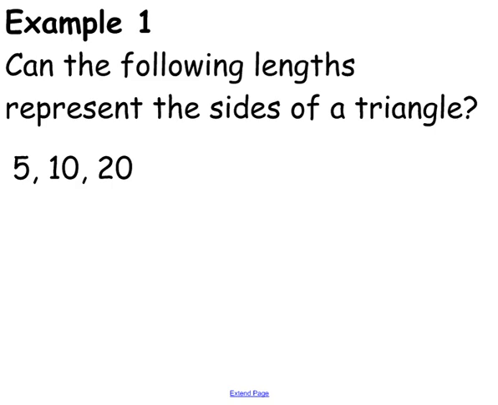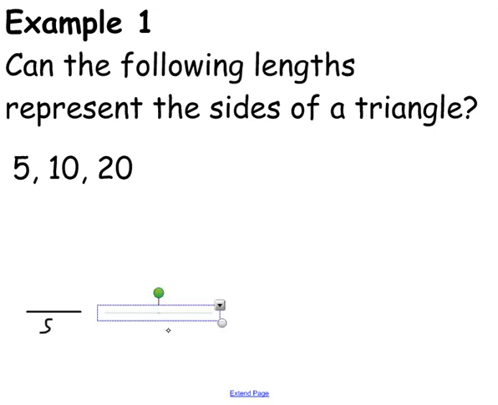Example 1 says, can the following lengths represent the sides of a triangle? So we are given lengths of 5, 10, and 20. I want to just stop here and help you visualize this. So we have a line segment that's 5 units long.